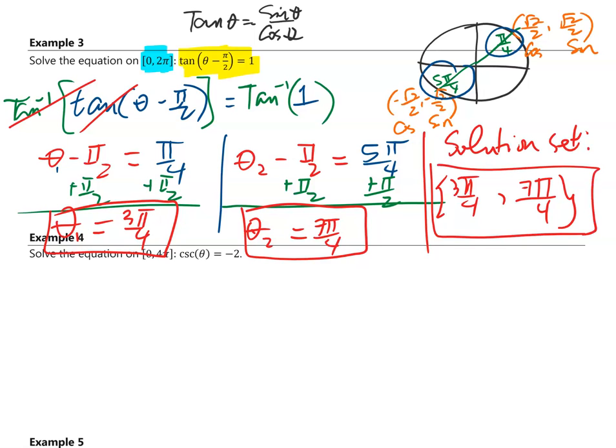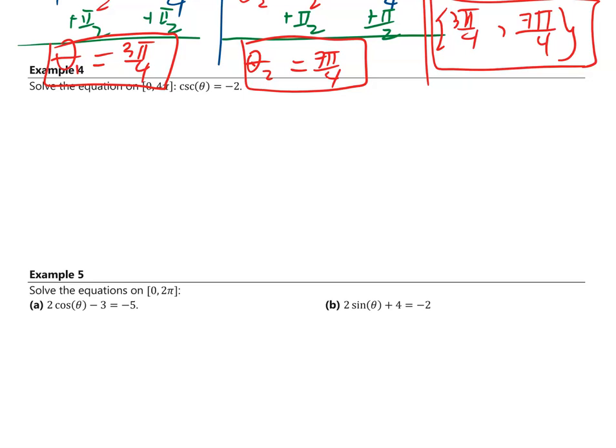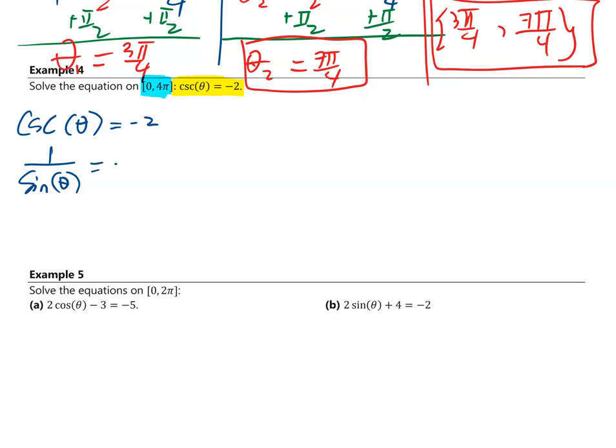Okay, all right. Next, example number 4. This time, solve the equation on the given interval from 0 to 4 pi of cosecant theta is equal to negative 2. And using the reciprocal identity, cosecant theta is 1 over sine theta, which is equal to negative 2.